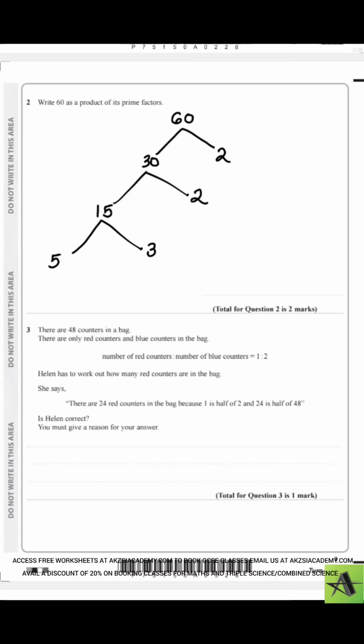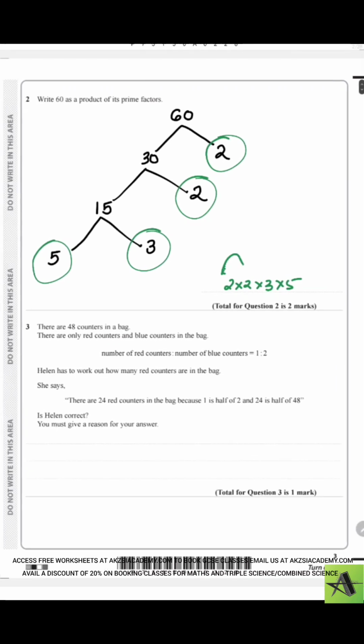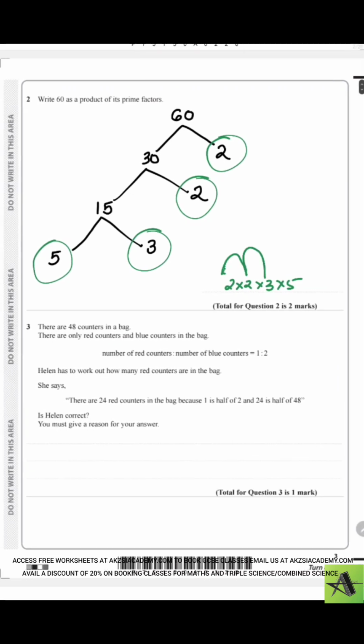So 2 times 2 times 3 times 5 are the prime factors. All these prime numbers I need to multiply together. And obviously, when I multiply them all together, it will give me 60. So 2 times 2 is 4, times 3 is 12, times 5 will give me 60.